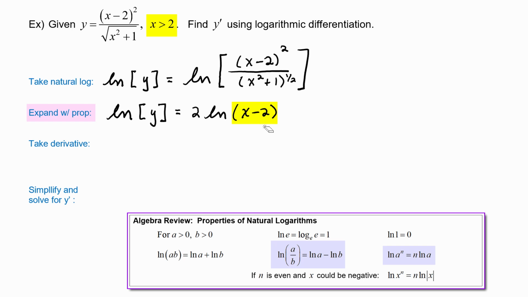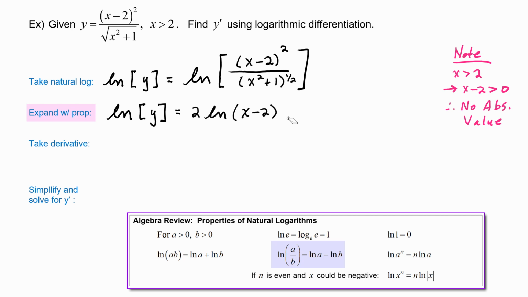So since this is always positive, we don't need to put the absolute values there. So let's make a little note of that off on the side. We know that since x is greater than 2, that means that x minus 2 is greater than 0. Therefore, no absolute value symbols. Now here, we have to subtract 1/2 natural log of x squared plus 1.